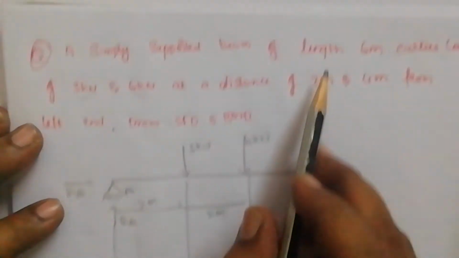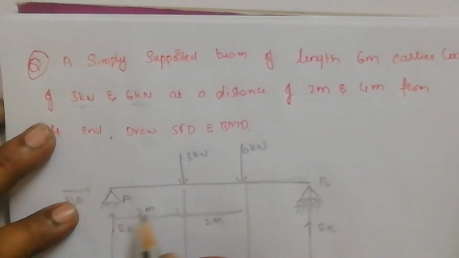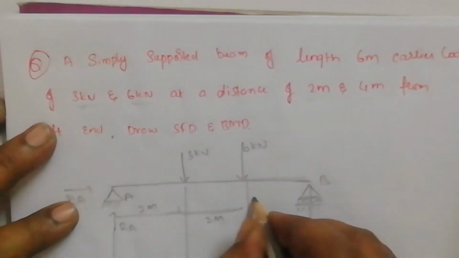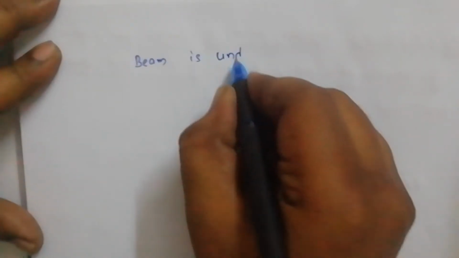The total length of the beam has been given as 6, meaning this is 2, this is 2, and this is 2 meters. So let us try to solve the problem. The first thing we have to write, whether it is a shear force or bending moment diagram, a simply supported beam or a cantilever beam, is that the beam is under equilibrium.